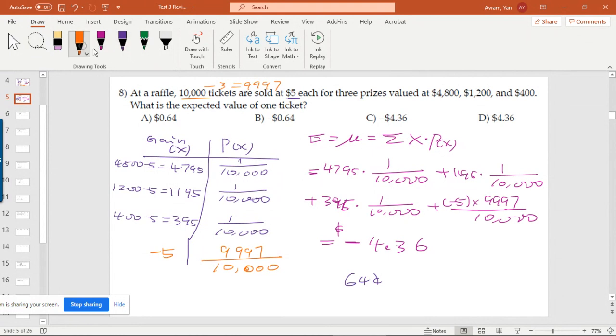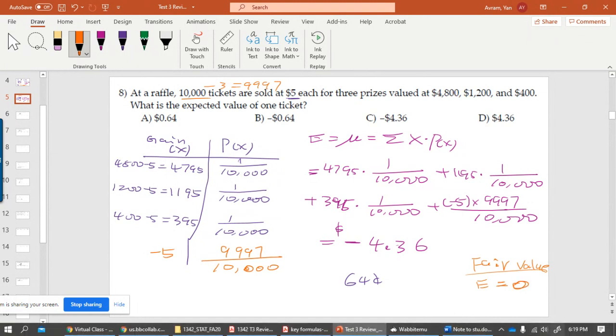Sometimes some company, some employer, is trying to give people entertainment, and they're not trying to make money from the people. That is called fair value. So what does fair value mean? That means the expected value is equal to 0. When you say fair value, that means the organization did not want to make any money from the tickets, so they use all the ticket money to award people.